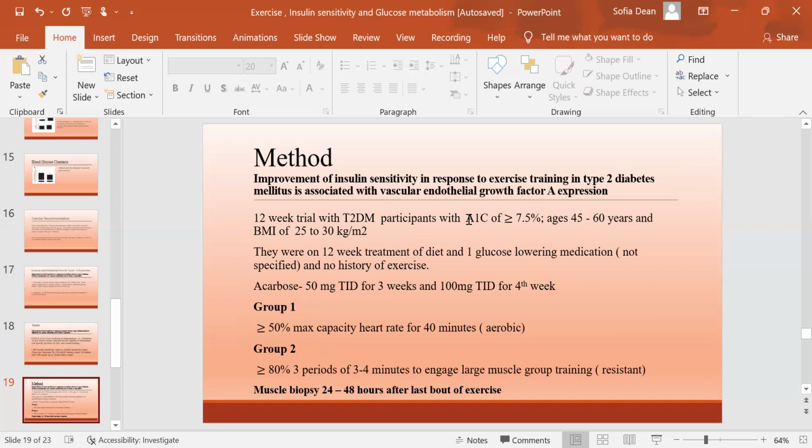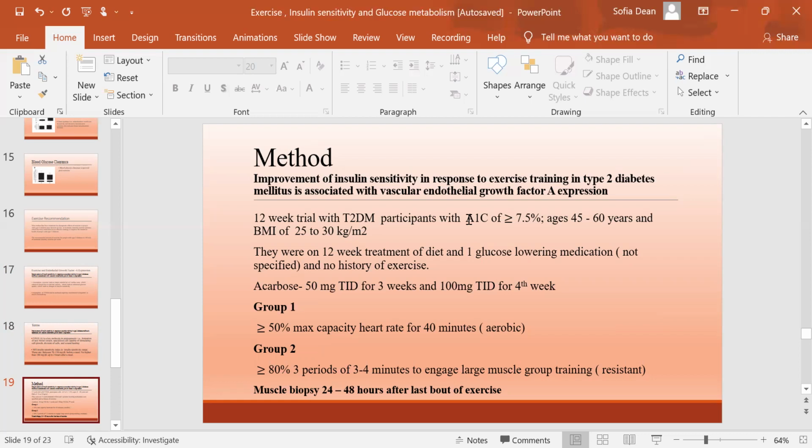So they weren't normal weight; there were overweight participants as well. They were on a 12-week treatment of diet and 1 glucose lowering medication. The medication was not specified, so we don't know how the glucose lowering mechanism worked. And the participants also had to have no history of exercise.